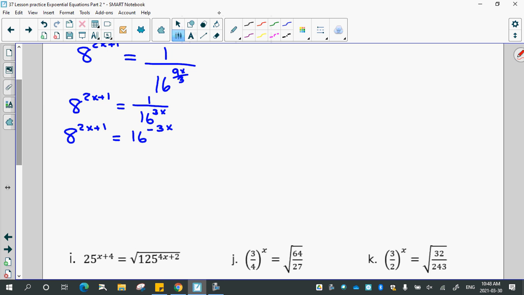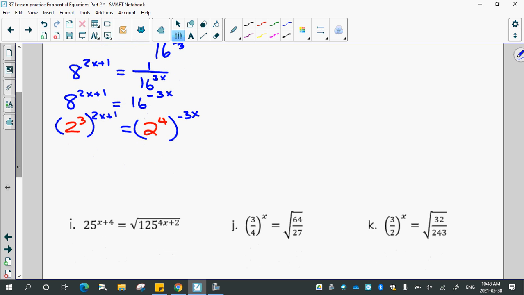Okay, so common lower base would be 2. And then do the power of a power.